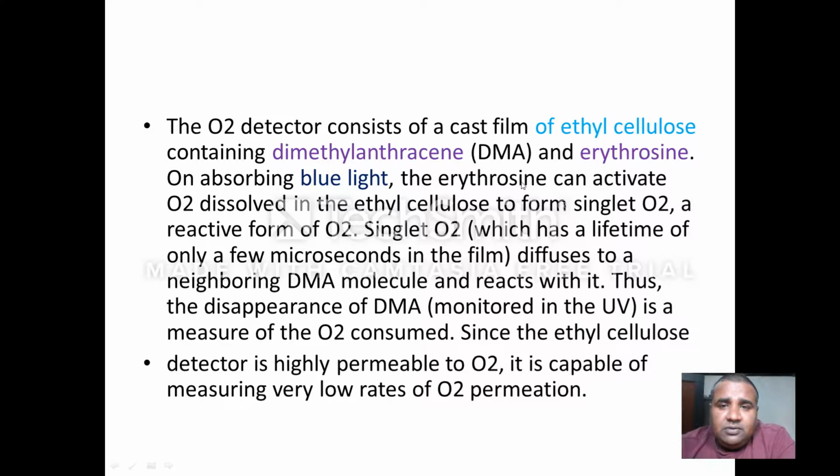Now you apply a blue light, and in the presence of blue light, erythrosine can activate oxygen dissolved in the ethyl cellulose to form singlet oxygen. So your oxygen that was coming via the packaging film or the test film will be absorbed first in the ethyl cellulose. Then the erythrosine will activate it to form a singlet oxygen.